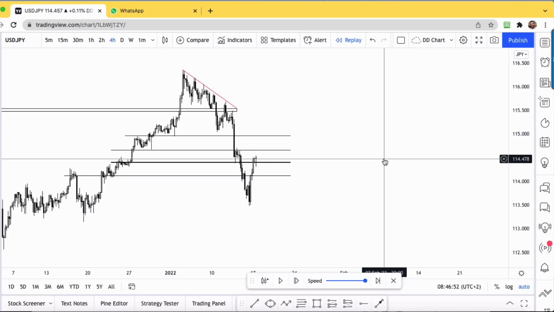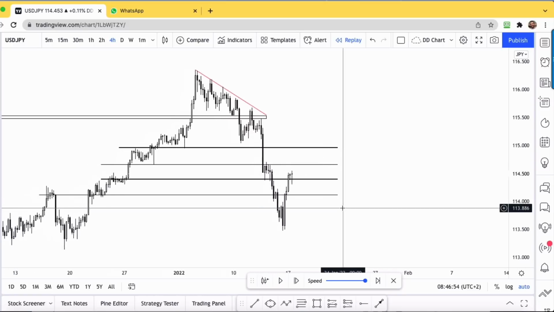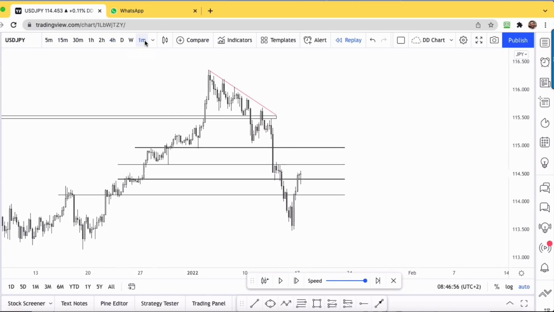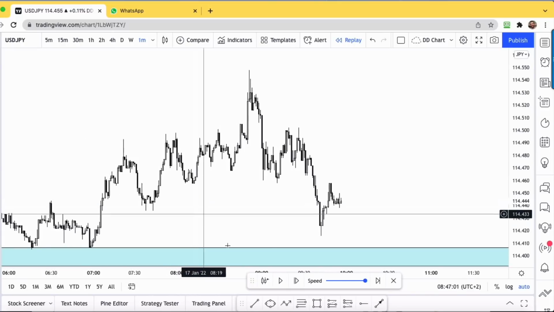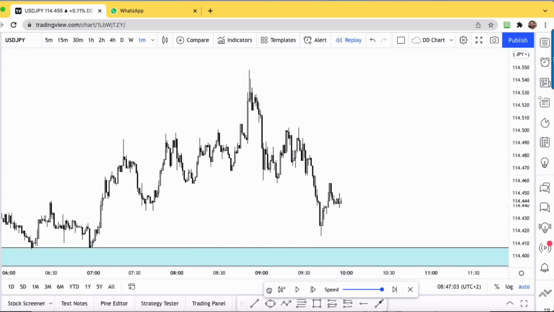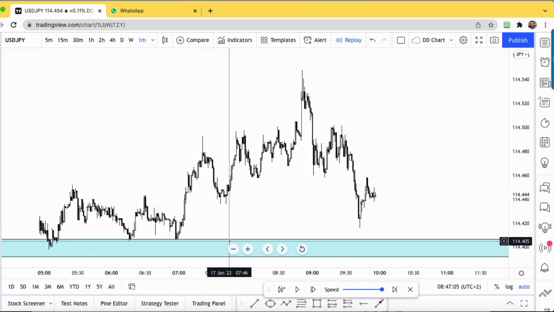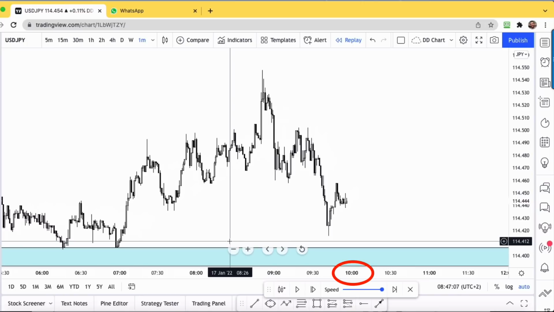And now we are going to get to this USD JPY chart. And here we are in the 4 hours, but let's go to the 1 minute and see how it works. Okay, fine. So we are here now on Monday, January 17th at 10 a.m., which is my time, GMT +2. So it's really the open of the market.